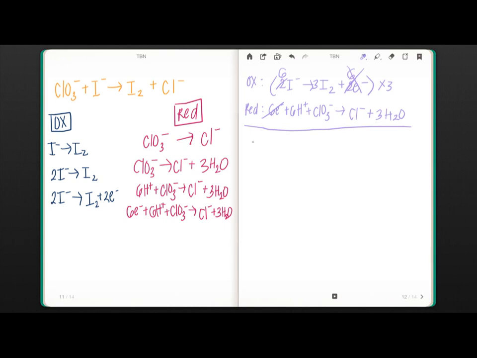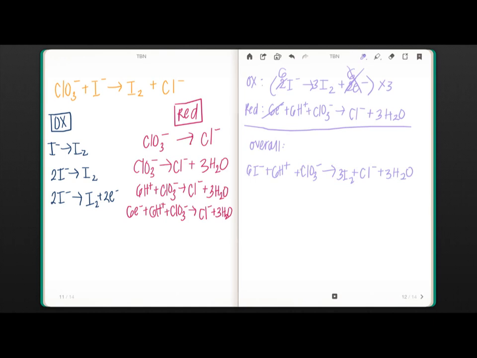So overall, you have 6I minus plus 6H plus ClO3 minus, as it goes to 3I2 plus Cl minus plus 3H2O.